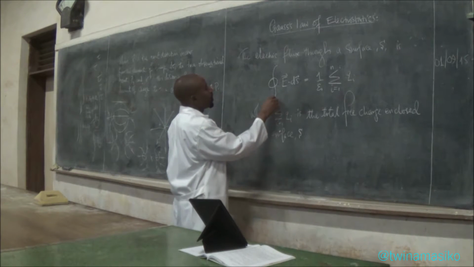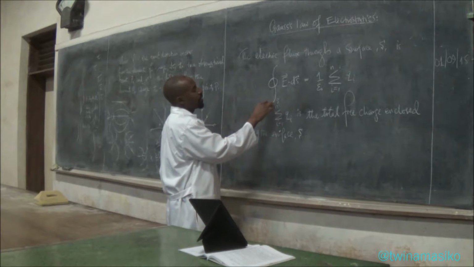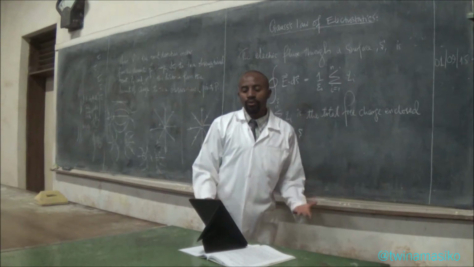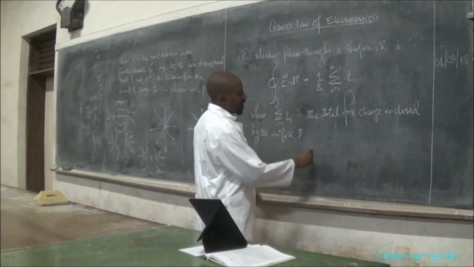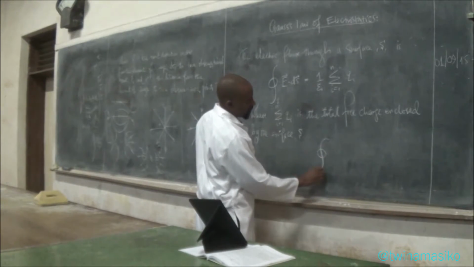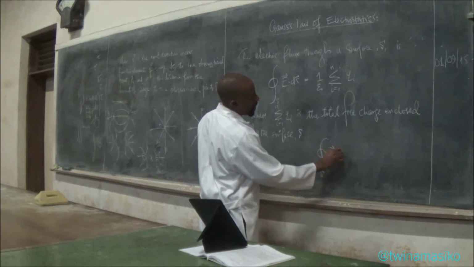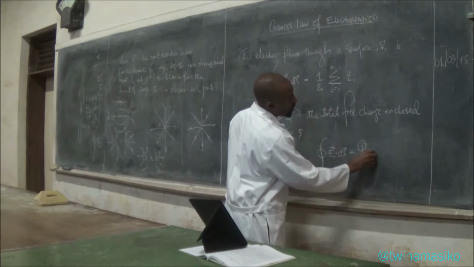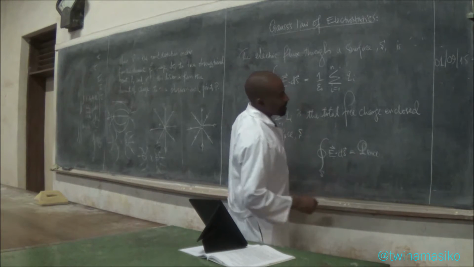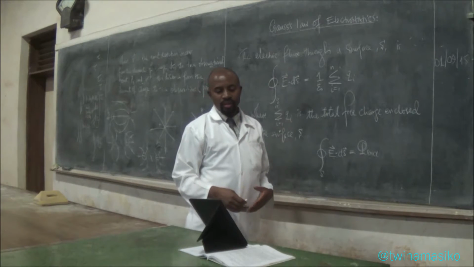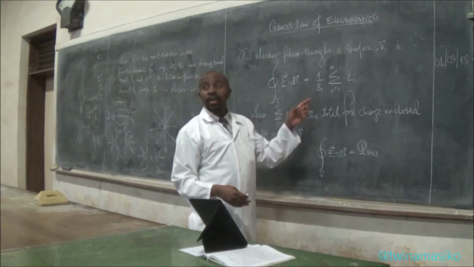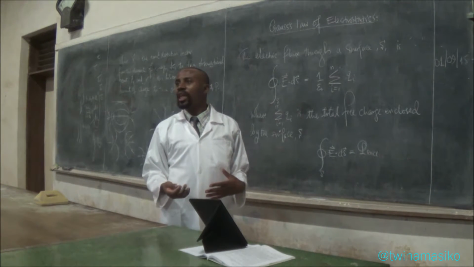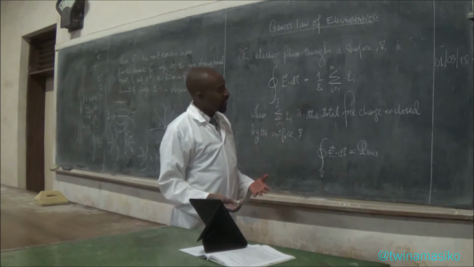So if we put our S here, we can now make it look a bit more beautiful as the integral over the surface S of E dot dS equals the enclosed charge, Q enclosed, divided by how permittive the region in which the charges are residing is.